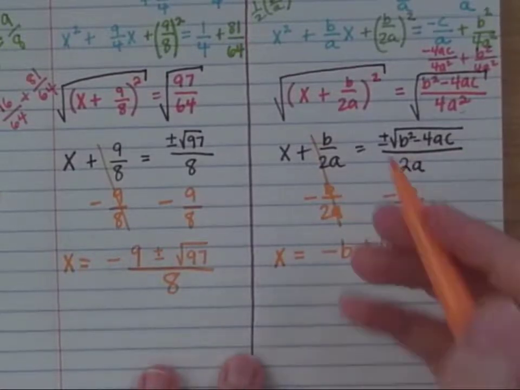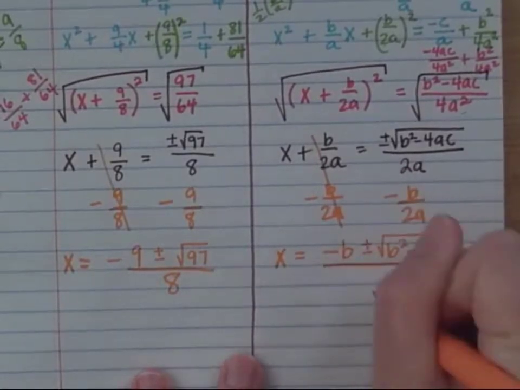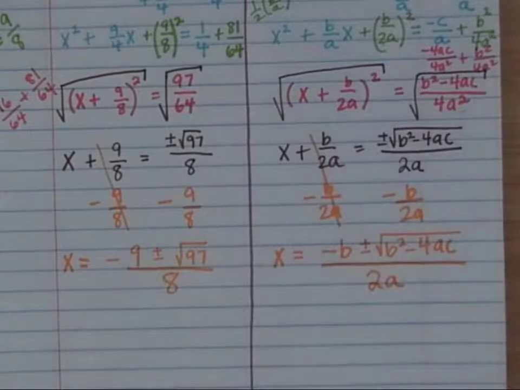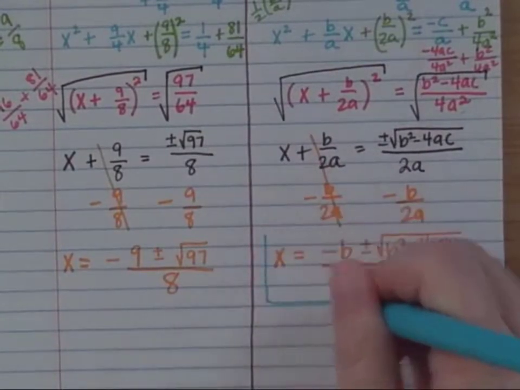And then since they're both over 2a, I can write all over 2a. And this, my friends, is the quadratic formula.